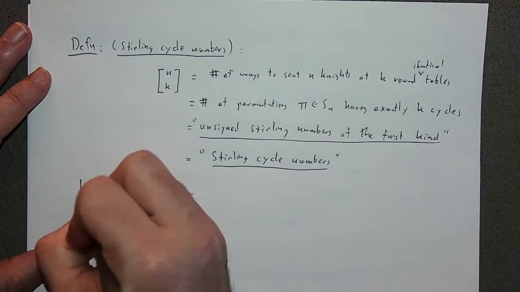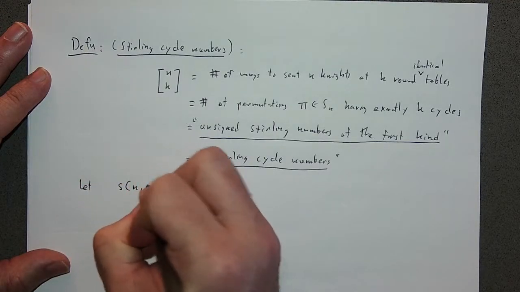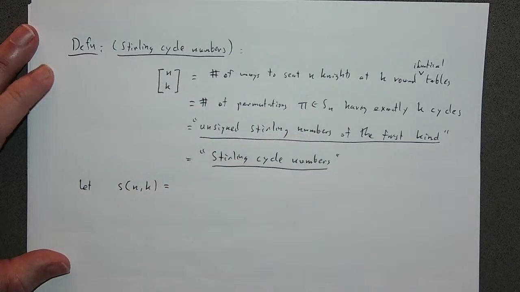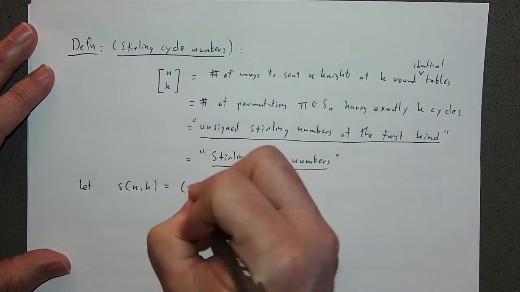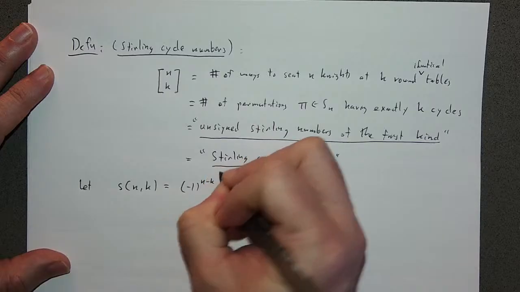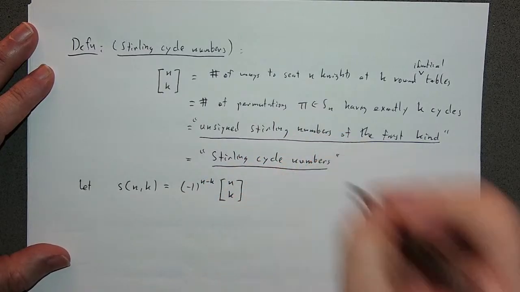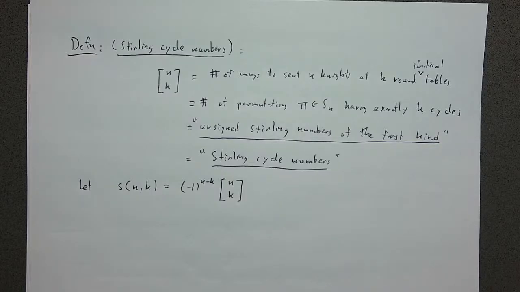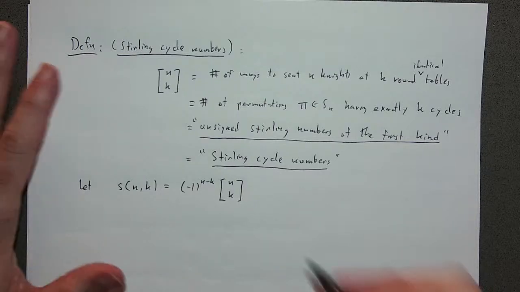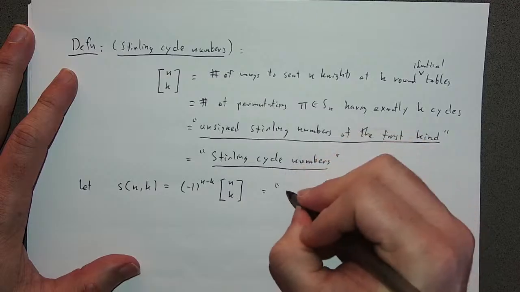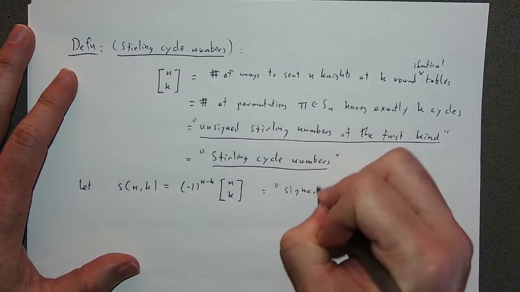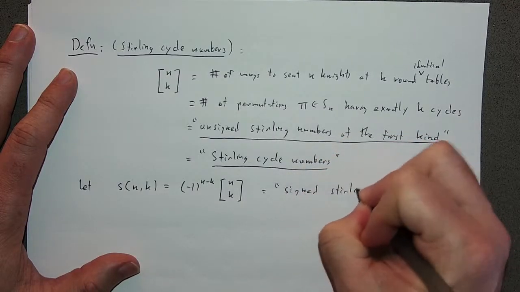Let s of n, k be defined to be minus 1 to the n minus k times this associated Stirling number. This is called the signed Stirling number of the first kind.